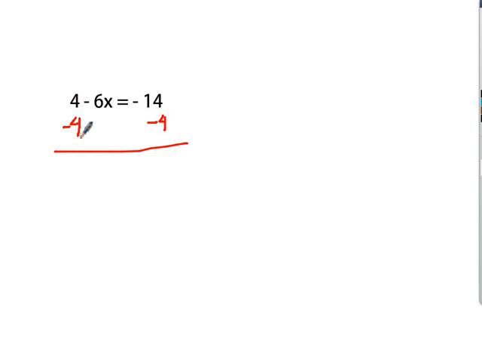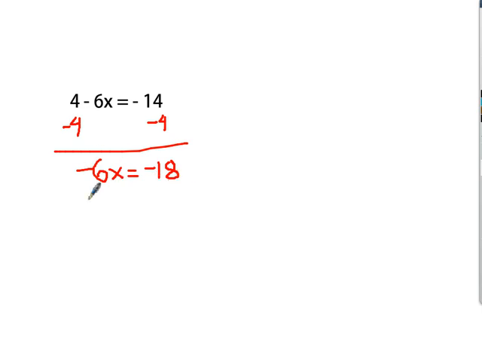4 minus 4 is 0, and 0 minus 6x becomes negative 6x. I like to think of it as the subtraction sign just being brought down and turning into a negative sign. Negative 14 minus 4 is negative 18. Now I have negative 6x is equal to negative 18.